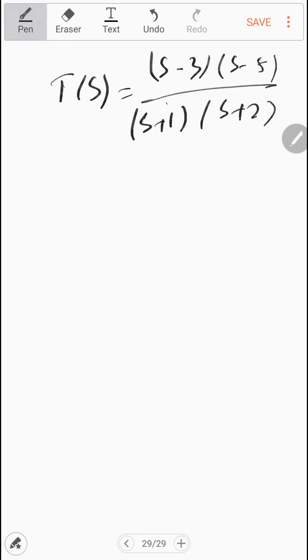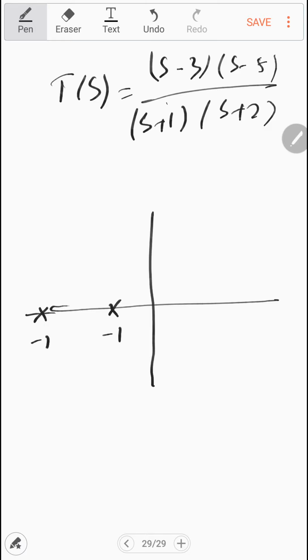If you plot this one on the complex plane, we have one pole at minus 1, another pole at minus 2. Similarly, we have one zero at s equal to plus 3, and another zero at 5.